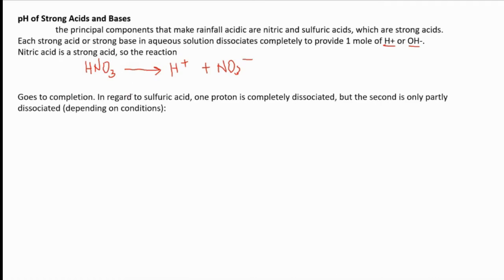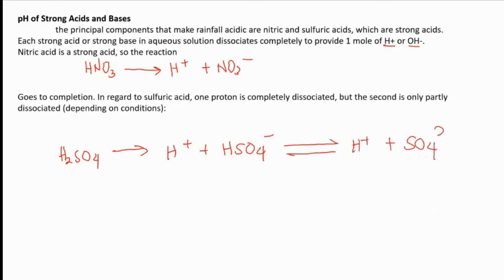In regard to sulfuric acid, 1 proton is dissociated: H2SO4 gives H plus and HSO4 negative. But the second dissociation is only partial, since HSO4 negative is a weak acid, giving H plus and SO4 2 negative.